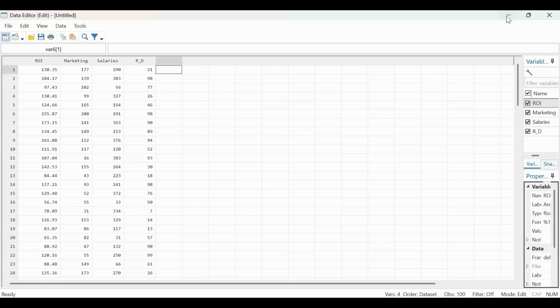Then predict the residual. So you see that now it has not written the 25 missing values. Yes, now it says variable residual already defined.